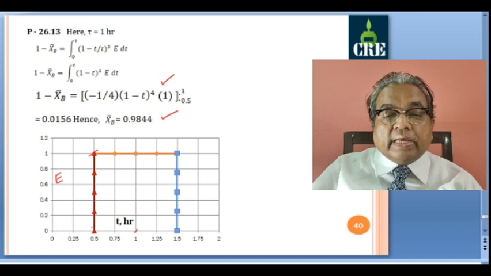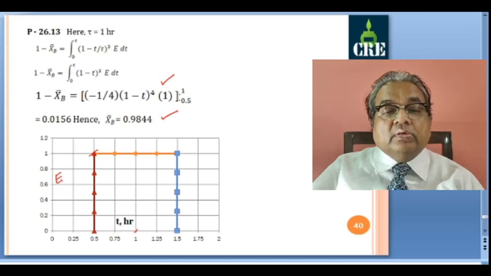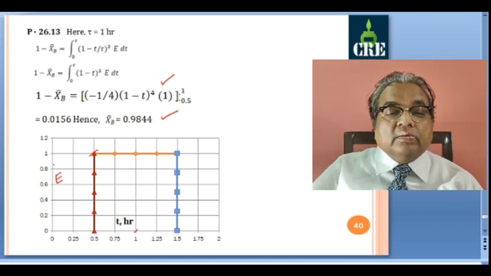In the book, time is given in minutes; I have converted it into hours because our tau is in hours. And here E values are not given in the book, they are not necessary, but just for the understanding, so that you understand it better, I have plotted these values. Otherwise, simply this should be 1, and these are almost rectangular shapes.